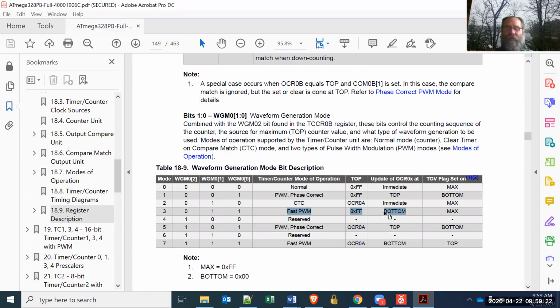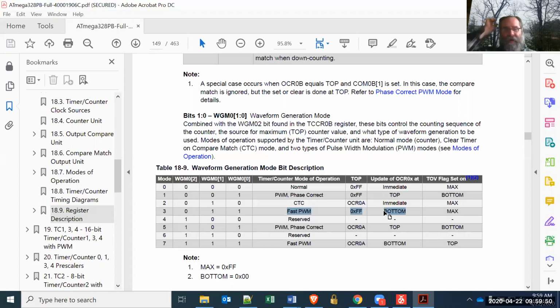At 0, when the T count is 0, the OC0A bit, which comes out to the outside of the chip, is going to be set. When T count matches OCRA, it is going to be cleared.